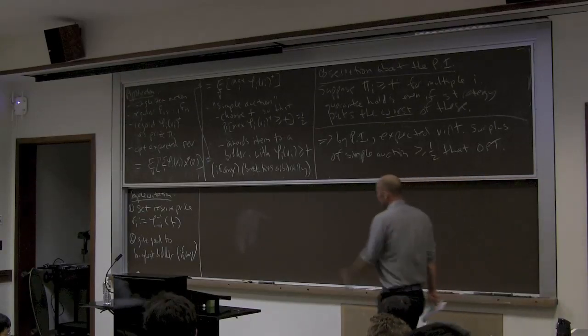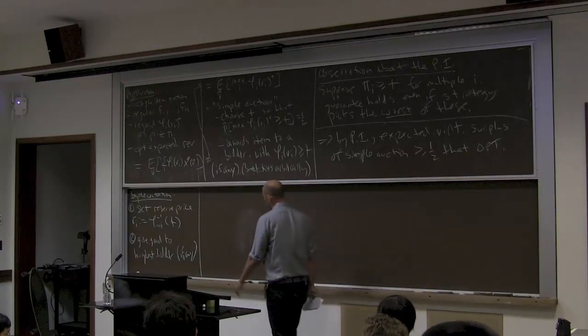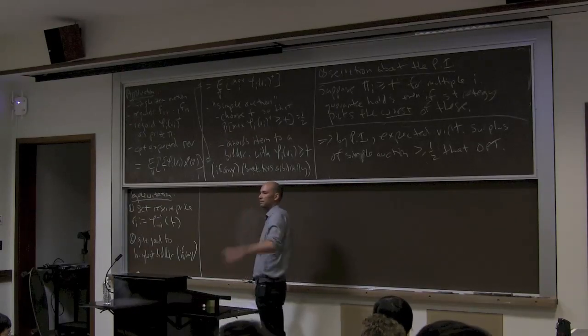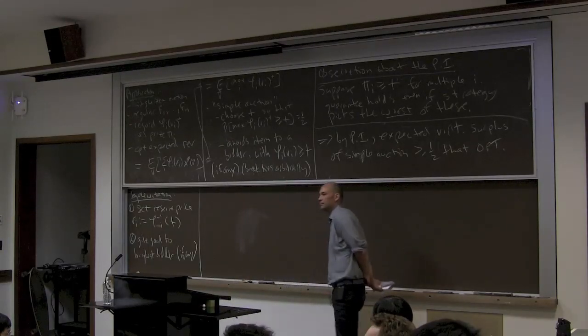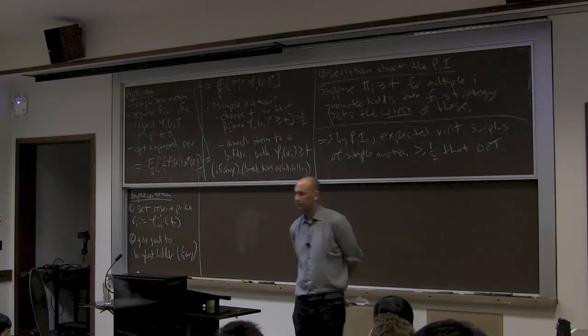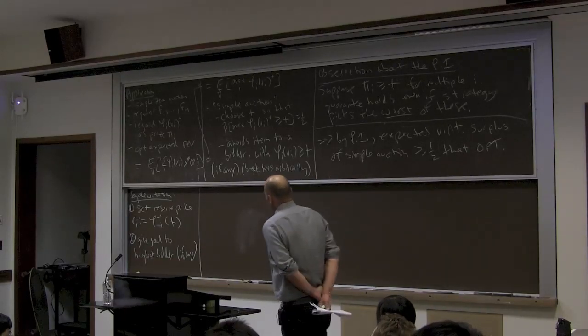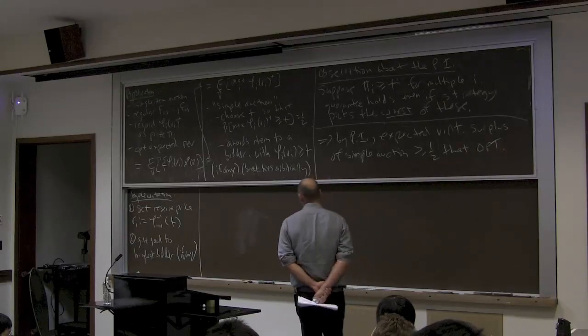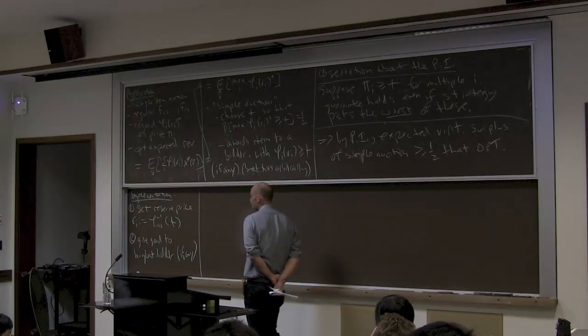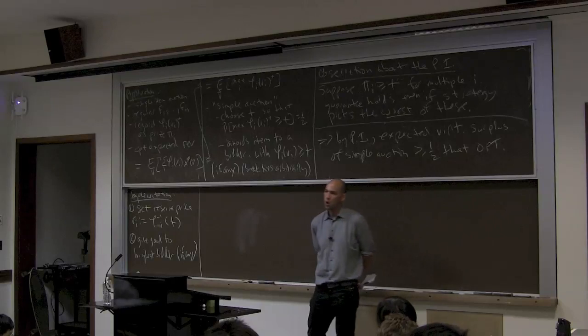Is there anything bothering anyone about this auction that I proposed? In the back? We seem to have different reserve prices for different bidders. Excellent. So the reserve price is different for different bidders. Now, you do actually see a few auctions out there where there are reserve prices specific to bidders. They're not unheard of.